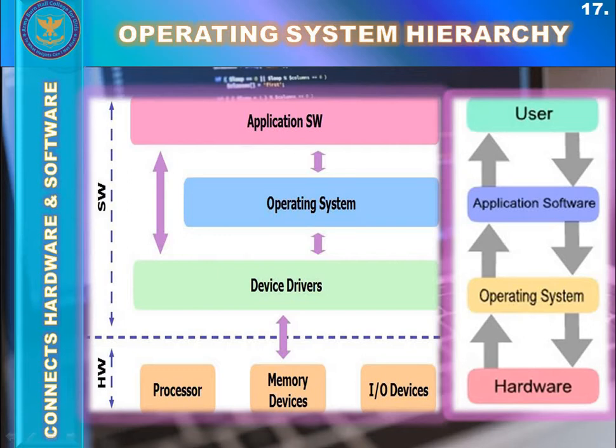As you can see in this diagram, as I was saying again and again, the operating system acts as an interface between the user and the hardware. It also acts as a bridge between the application software and hardware.